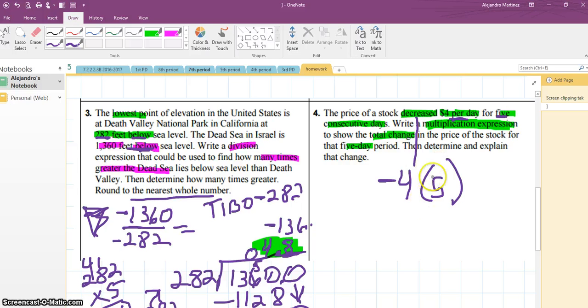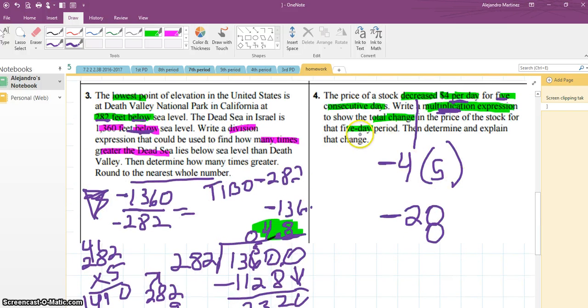Ahí está, in parentheses, because what do parentheses and a number next to it mean? It means multiplication. So what's negative 4 times 5? Well, negative times a positive is negative, so it's negative 20. So that means in the 5 days, I have lost negative $20. Okay, I have lost $20.